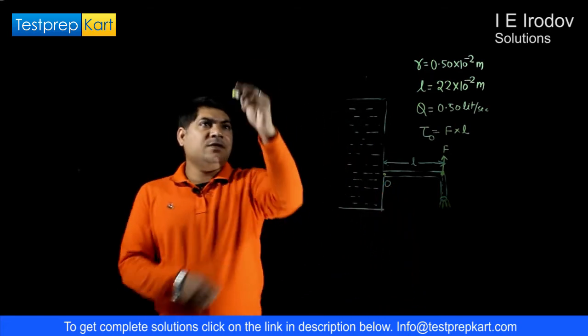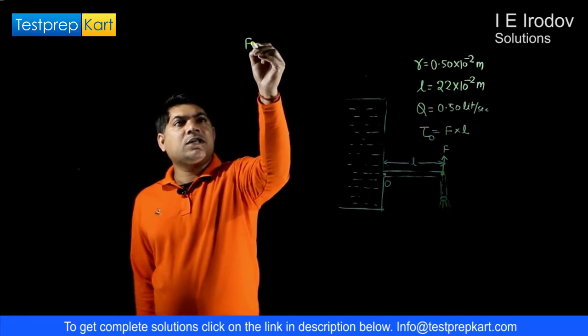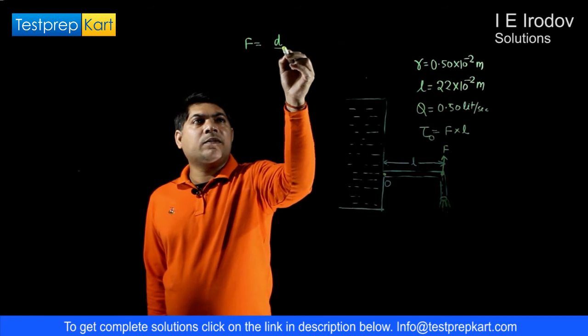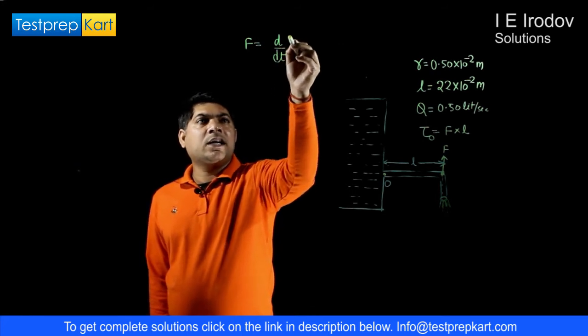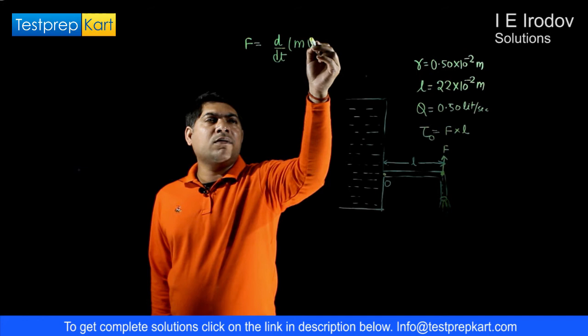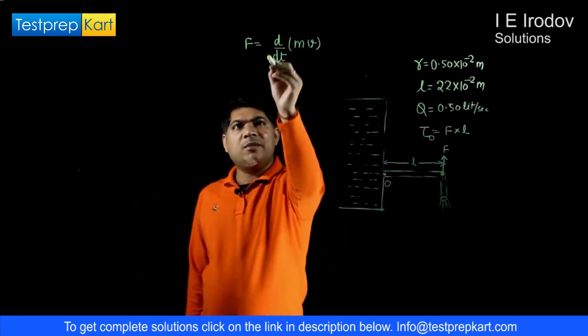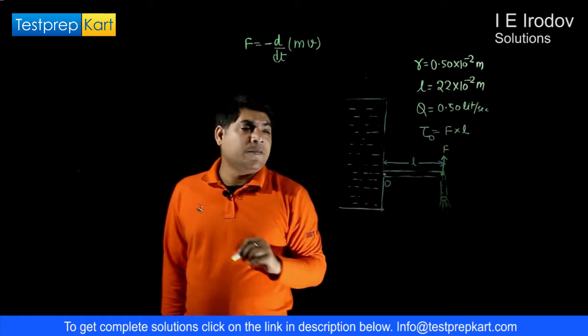First of all, we need to find this force. As we are aware, force is equal to the rate of change of momentum, d over dt of m into v, mass into velocity. As it is coming out, we can take a negative sign.